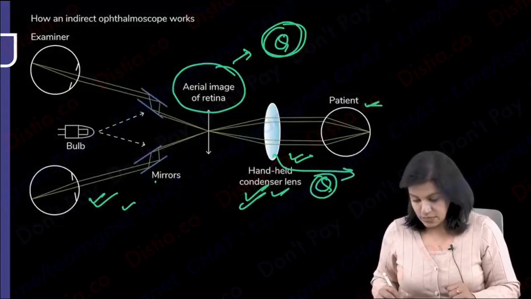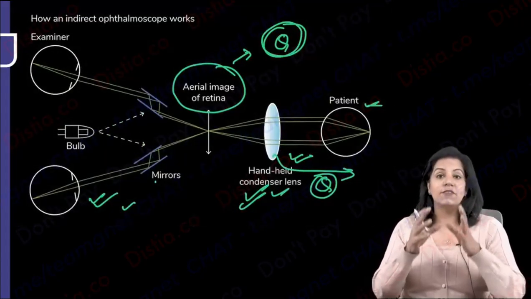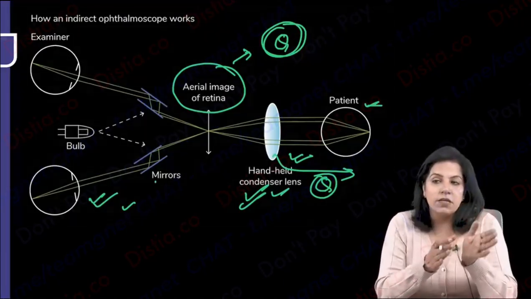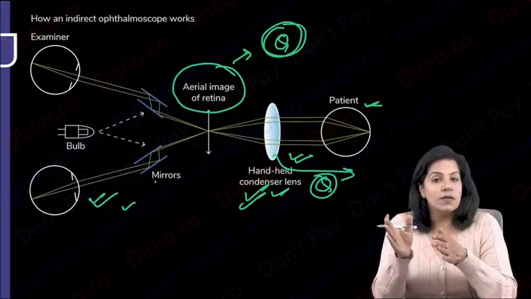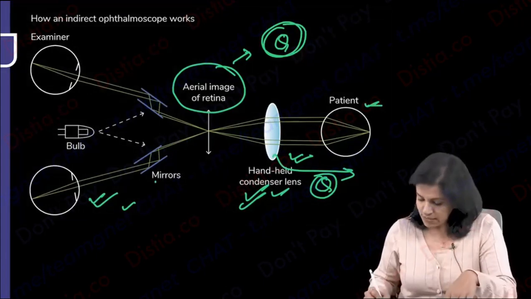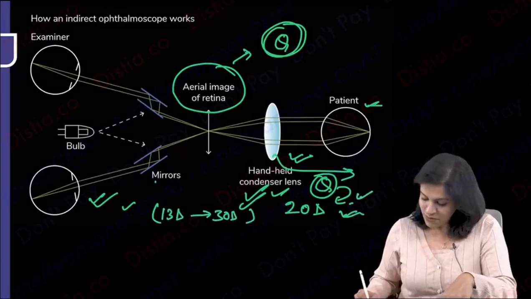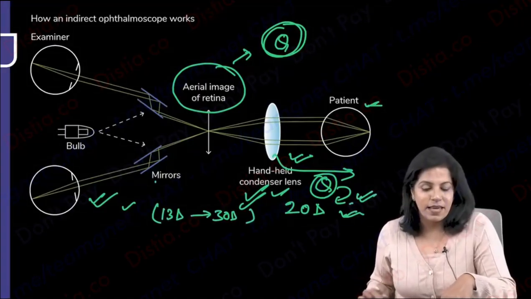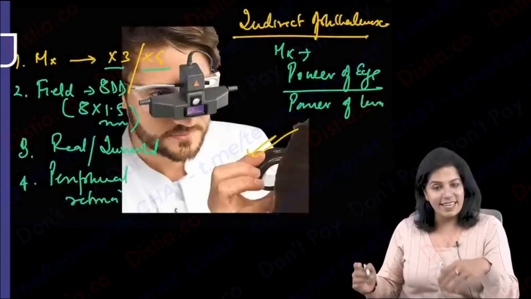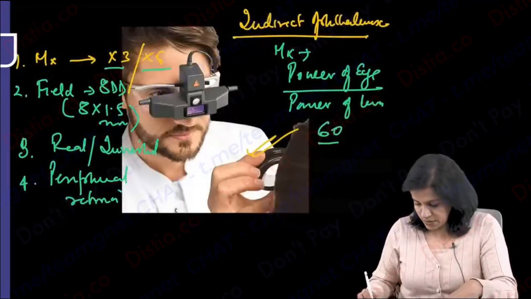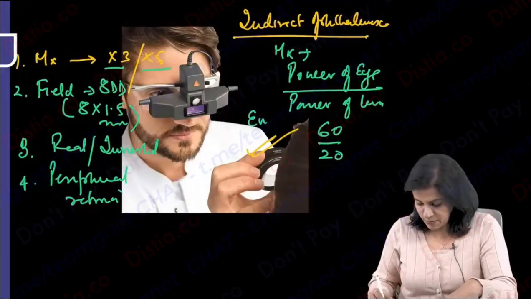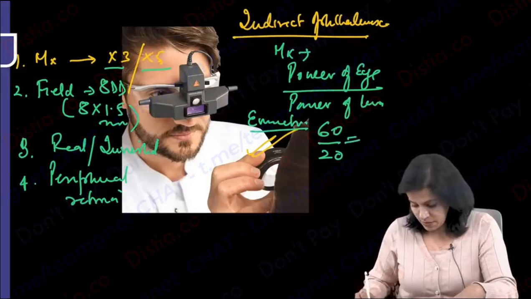Any condensing lens can range from 13 to 30. Easy to learn, 13 to 30. But the commonest that we use is 20D. So it can range from 13 to 30 theoretically, but commonly we use a 20D lens. Suppose we are calculating with 60 and a 20D lens. For an emmetropic eye the power is 60, and power of eye upon power of lens will be 3 times.